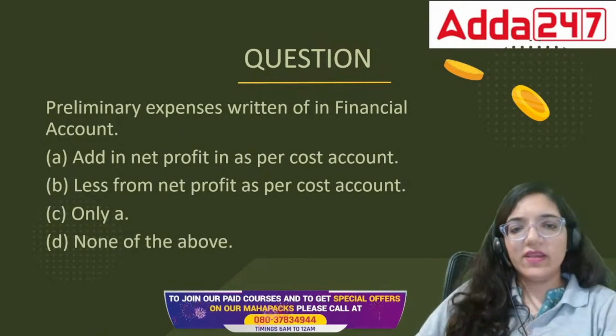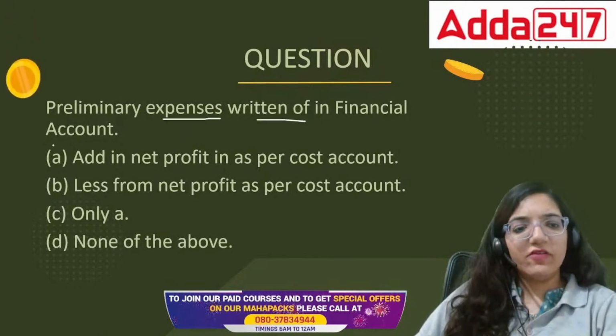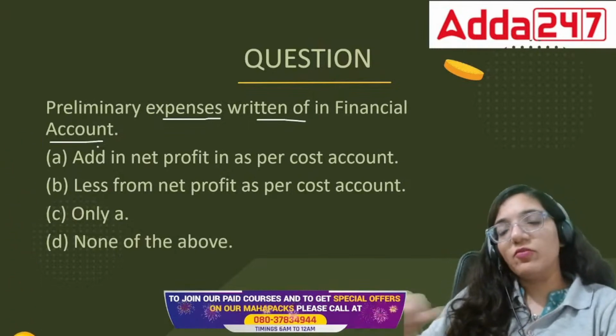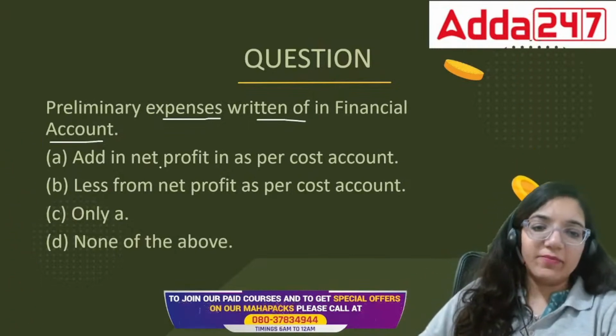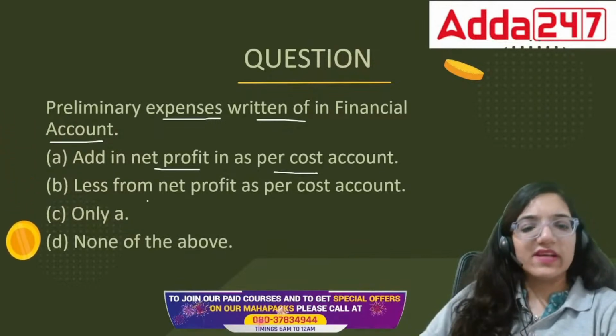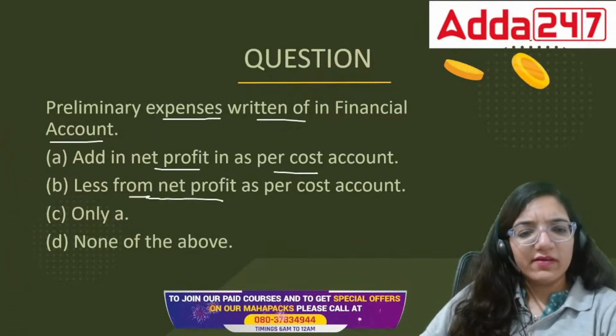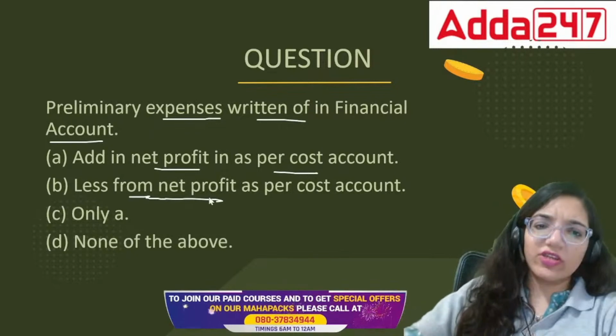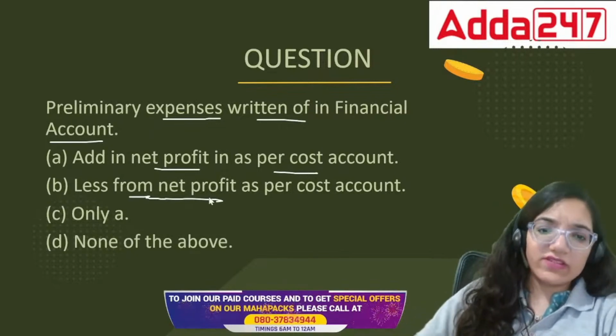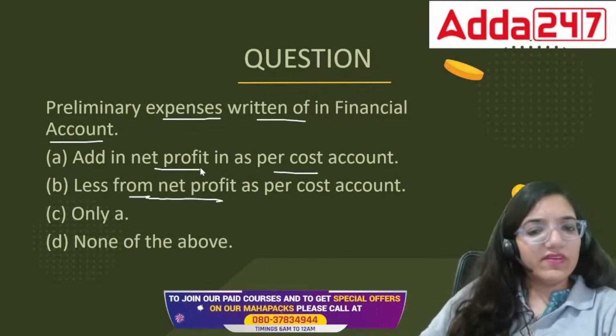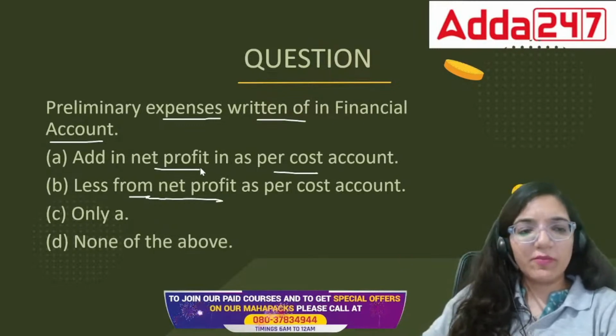The preliminary expenses written off in the financial account. This is from module B. Added to the net profit. This is as per the cost sheet. For the cost sheet, it is not even included. Always remember, this is not a part of the net profit at all.